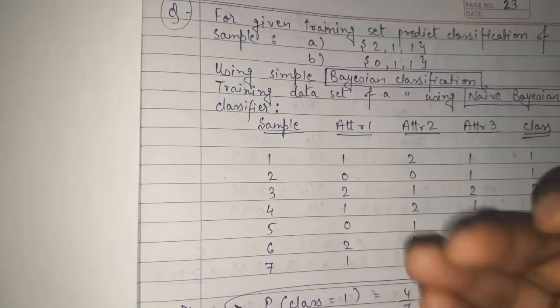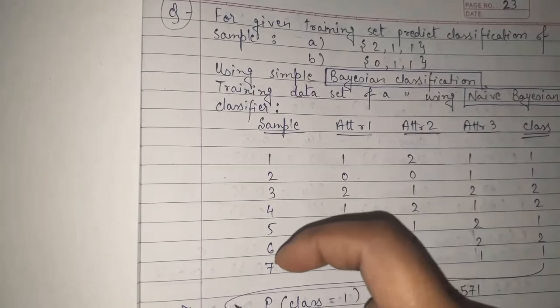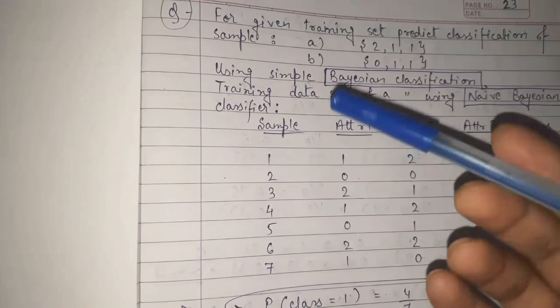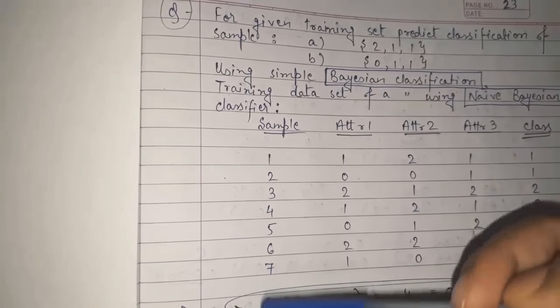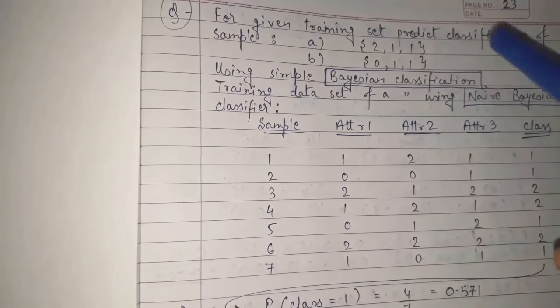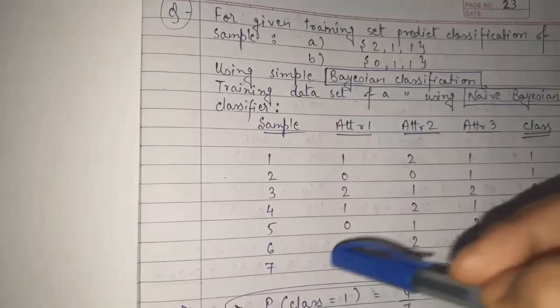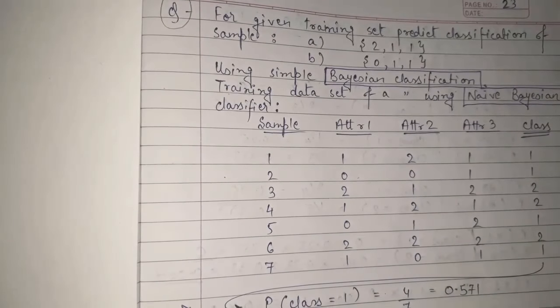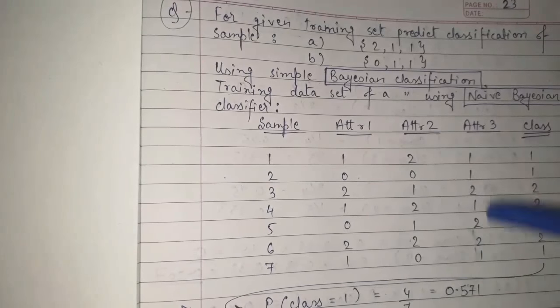But what happens if in the future we get some new samples whose class is not yet defined? For those new samples, we already know the attributes. By applying Bayesian classification and observing the attributes, by doing certain calculations, we can predict whether that new sample belongs to class 1 or class 2.